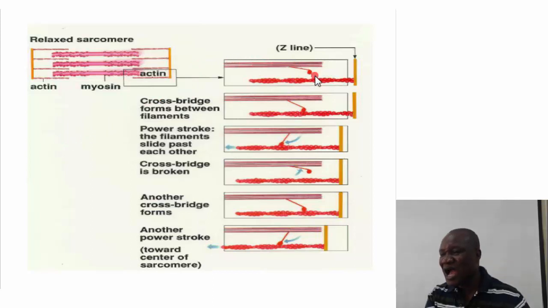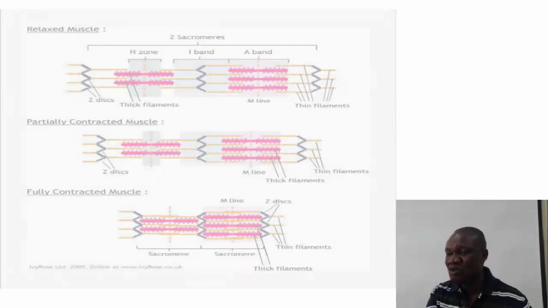Now, the myosin head will bind to the actin filament. Then we have our power stroke, which drags the thin filament over the thick filament, so the movement will be from here to the next point. Then the myosin head detaches, is activated again, binds to the thin filament, and draws the thin filament in, closer to the M line.